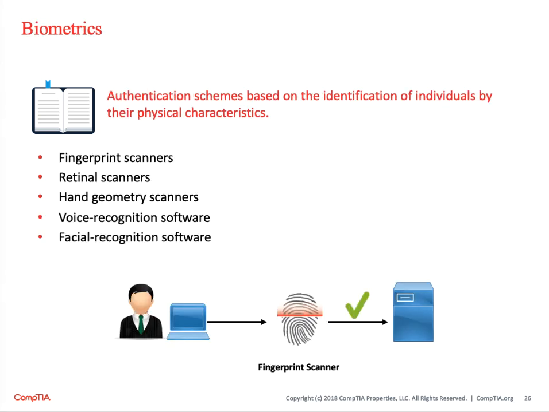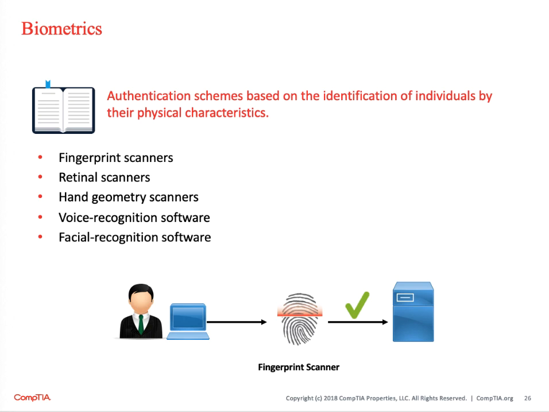Biometrics. Biometrics are the authentication schemes based on the identification of an individual by their physical characteristics. This can involve fingerprint scanners, retinal scanners, hand scanners, voice recognition software, facial recognition software.